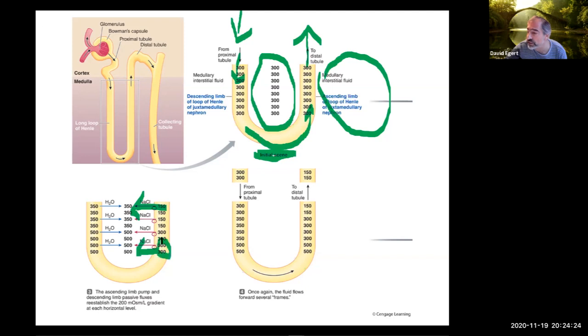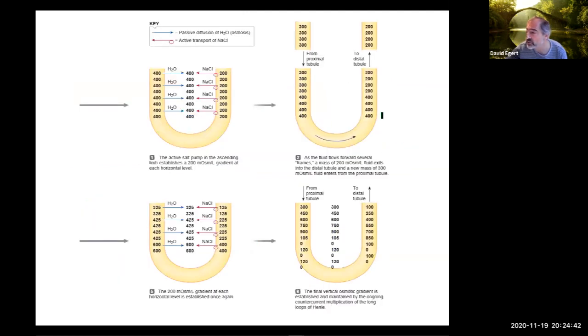That 400 here is now 300 in here and 500 out here. And this is now equilibrating the 500 in the descending limb. So now it's 500 here, and it keeps flowing. Now we have 500 starting down here, and when it's 500 down there, it equilibrates as we pump out the sodium.